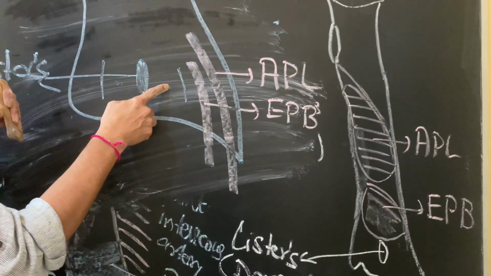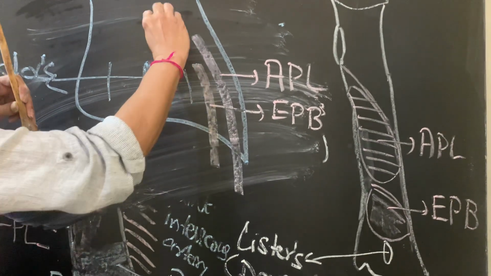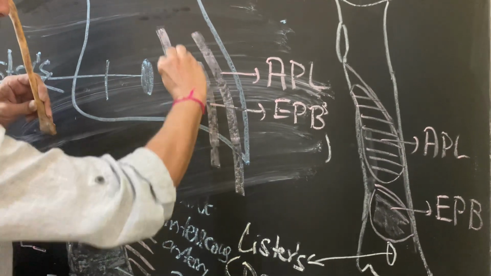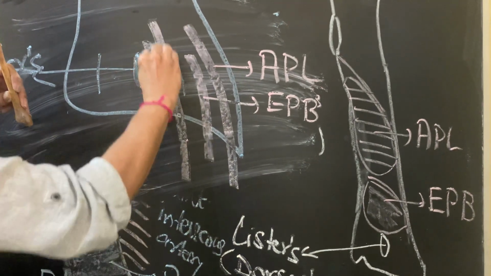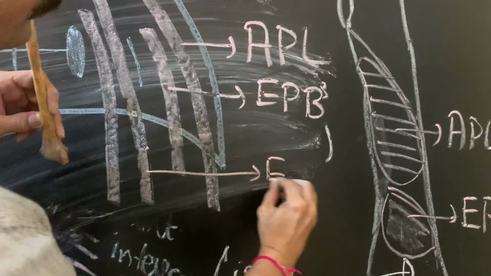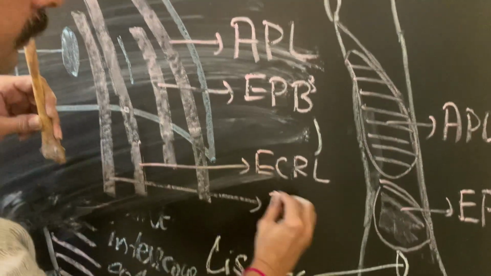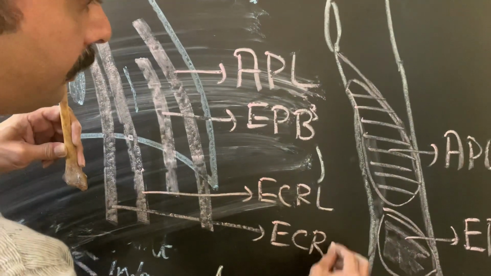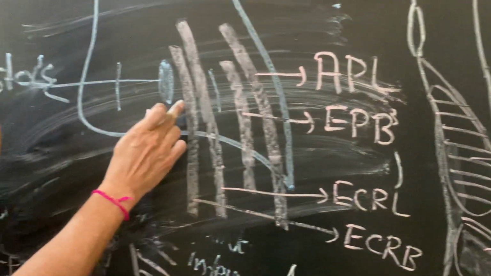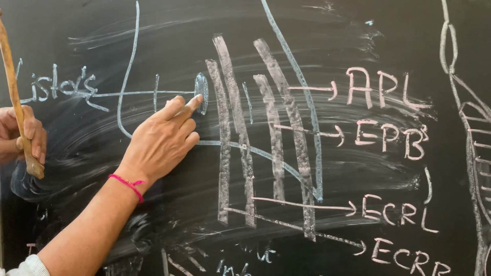In the second groove, present between the dorsal tubercle and this faint ridge, two muscles pass: extensor carpi radialis longus and extensor carpi radialis brevis. And this is a prominent Lister's tubercle.